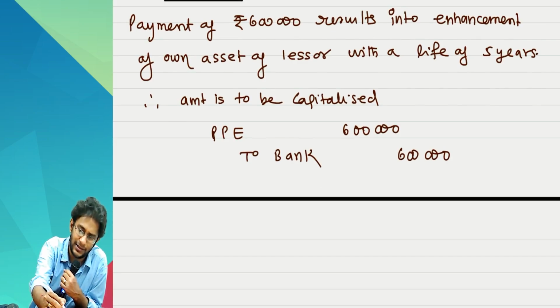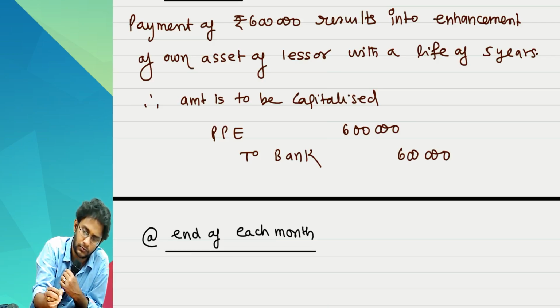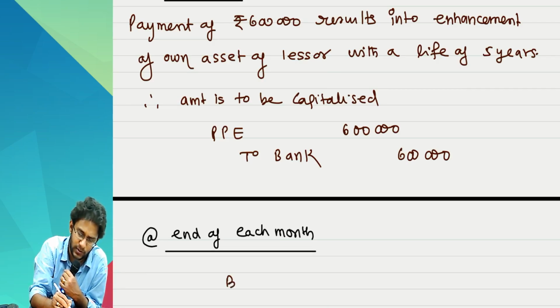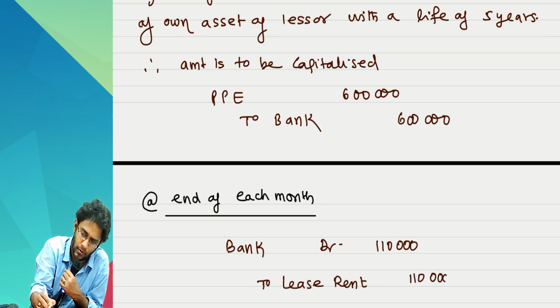Whatever monthly lease rent he pays, each month, no adjustment needs to be made here. This will straight away go to P&L.